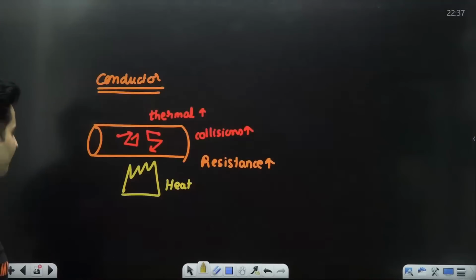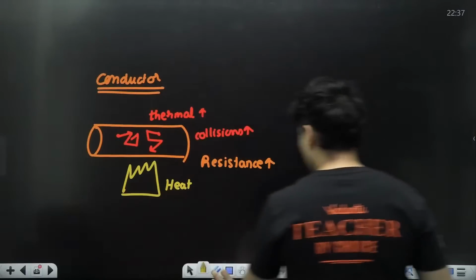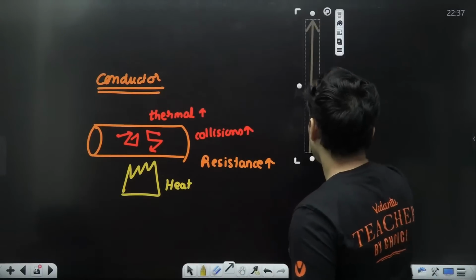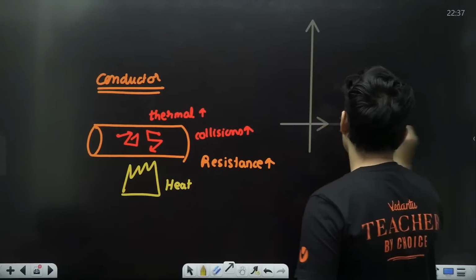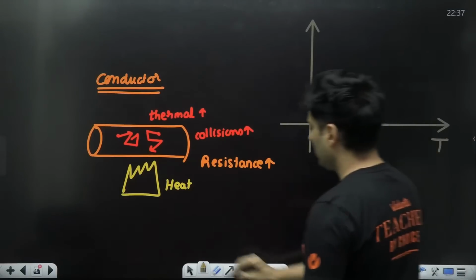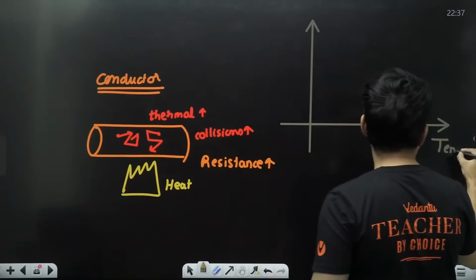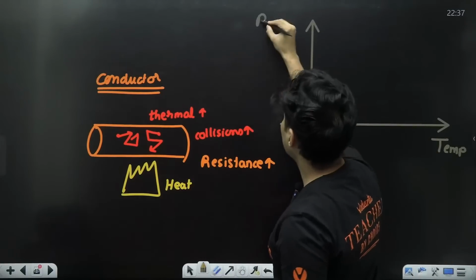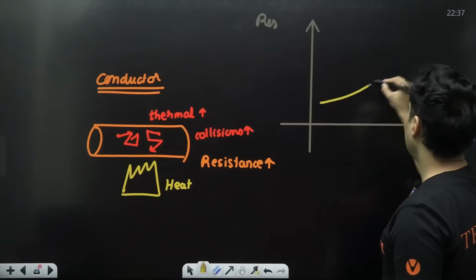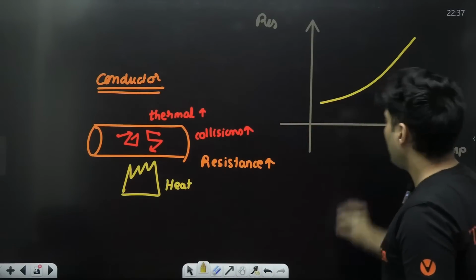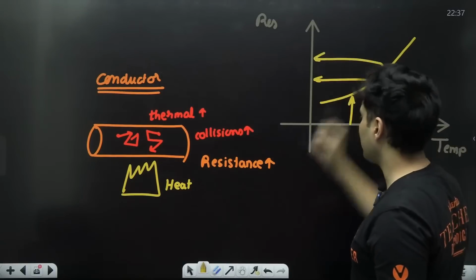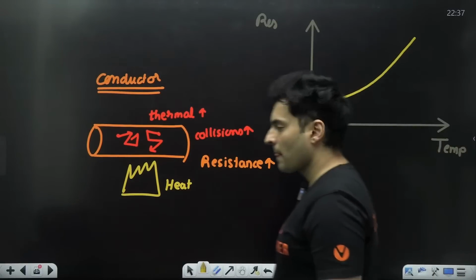Okay, fine. Now from this, it should be clear that if on the horizontal axis you plot temperature, and this is your resistance, the graph should probably look like this. As you increase the temperature, the resistance will also increase. Makes sense.